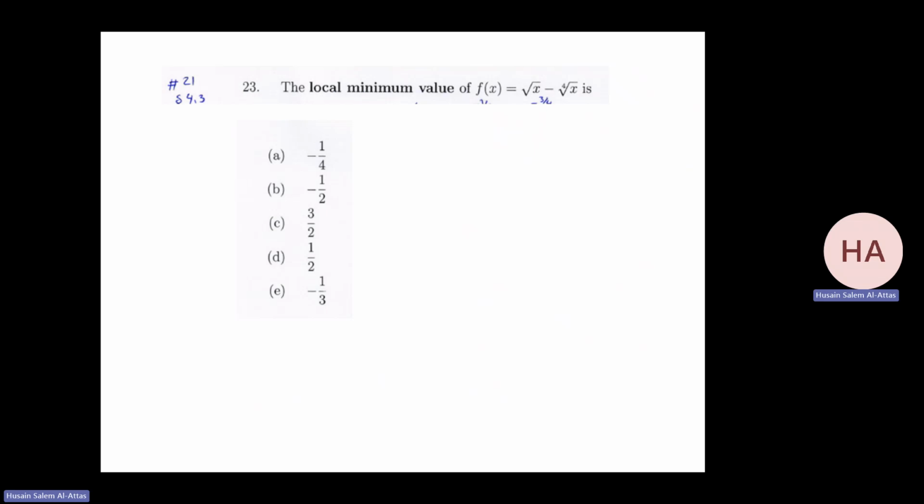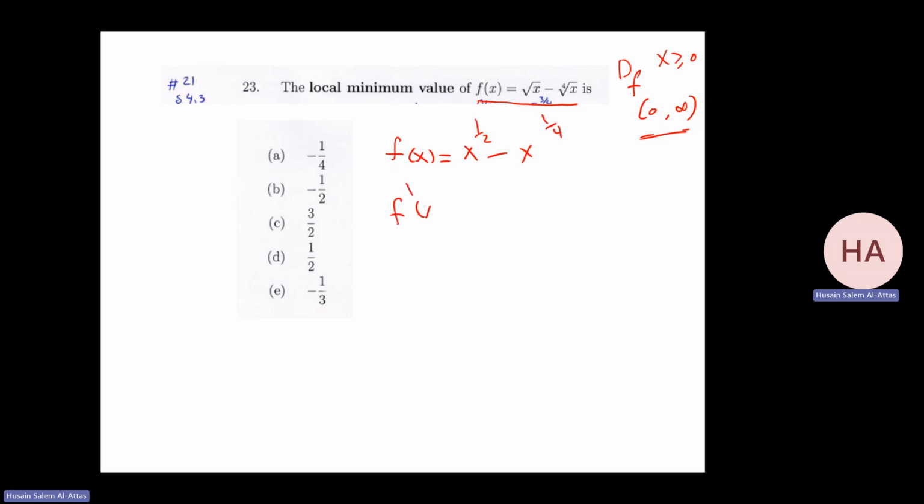The local minimum occurs at which function? So we'll check the function. The domain of the function is what? I need x to be greater than or equal to 0, so from 0 to infinity. So what we care about is this interval, from 0 to infinity. Let us find f prime. Maybe you can write the function as a power, it will be easy to do the calculation.